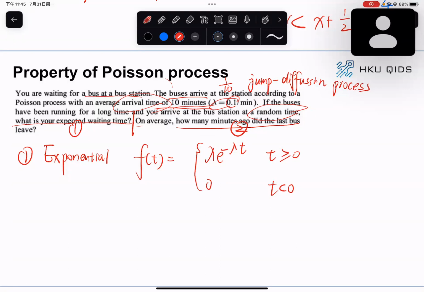In that case, the exponential distribution has the same lambda, 0.1. So e to the negative 0.1t is going to tell us the waiting time distribution, and the expected waiting time, E[T], is just 1/lambda, which is 10 minutes. Okay.